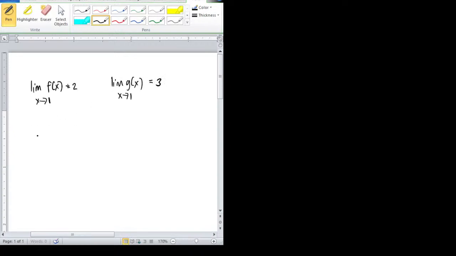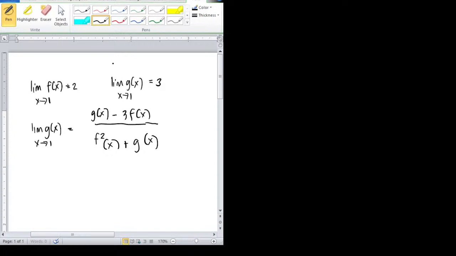We are to evaluate the limit as x approaches 1 of g of x minus 3 times f of x all over f squared x plus g of x.